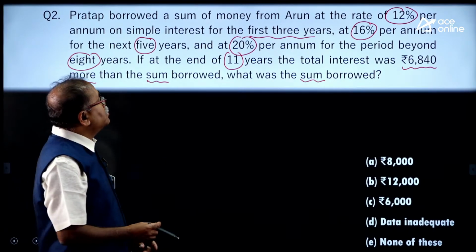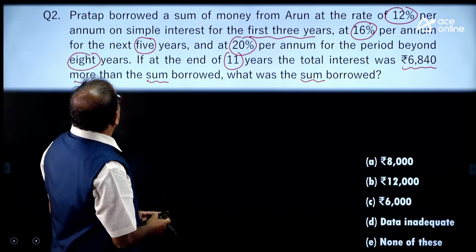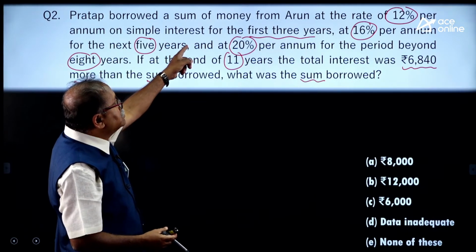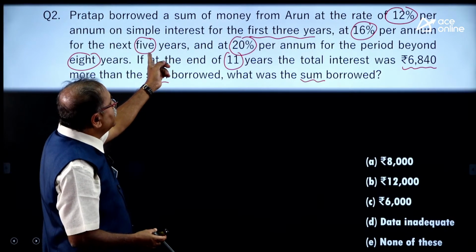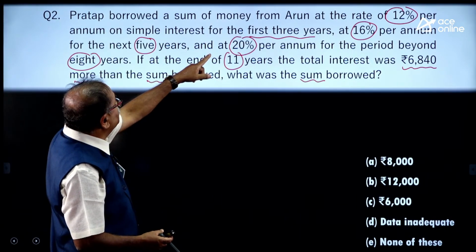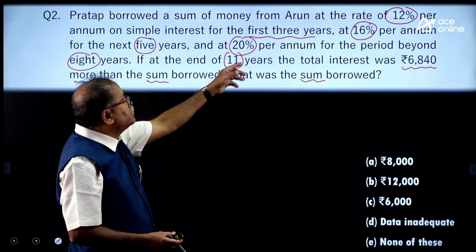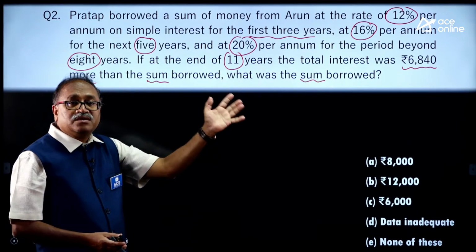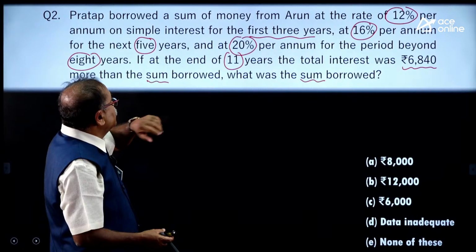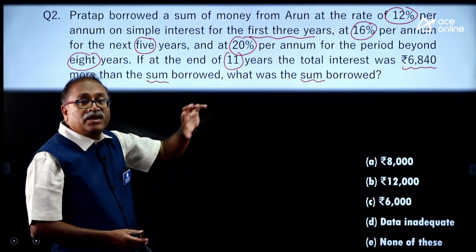Yes, it is a beautiful question here. So, it is simple interest, 12% for 3 years, 16% for 5 years and 20% for the period above 8 years. That is, he has taken the loan for 11 years.